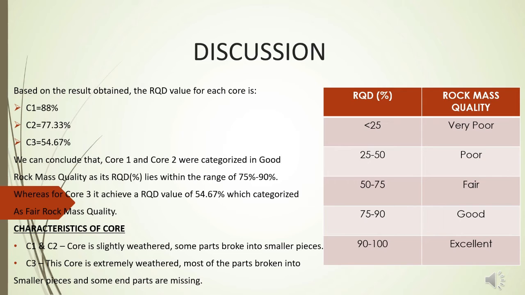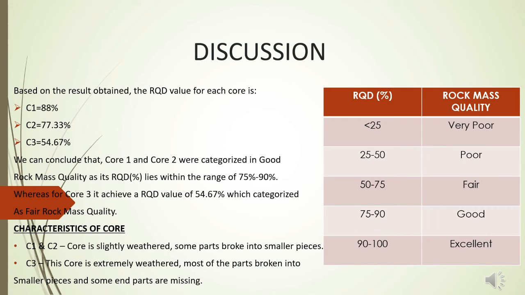Hi, I'm Seaa. For the discussions, based on the results obtained, the RQD value for each core is: core 1, 88%; core 2, 77.33%; core 3, 54.67%.